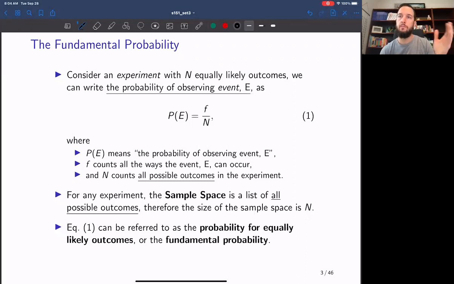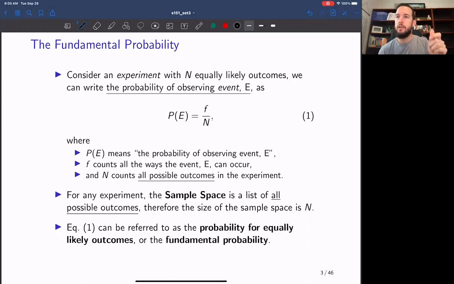So we write P, open bracket, capital E, close bracket, to mean the probability of observing event E. And we say that the probability of observing event E is equal to little f over N. So all the ways the event can occur divided by all of the possible outcomes within the experiment of interest.